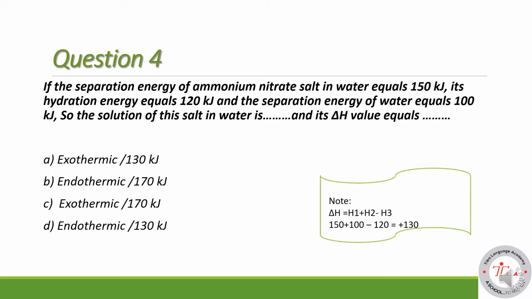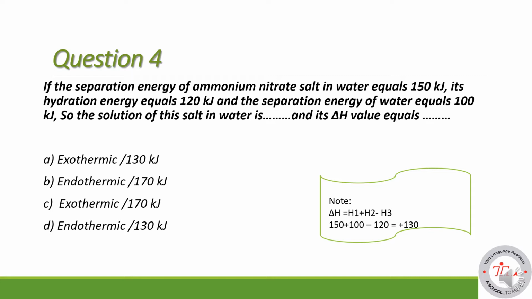To solve this question, we need to write the rule of delta H. Delta H equals H1 plus H2 minus H3. H1 is the separation energy of the solute, which means the separation energy of ammonium nitrate salt, which is 150 kJ, plus H2.